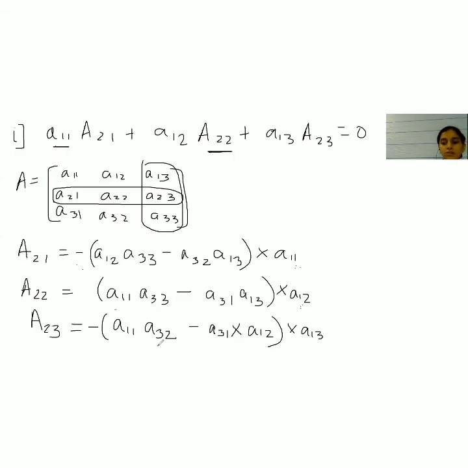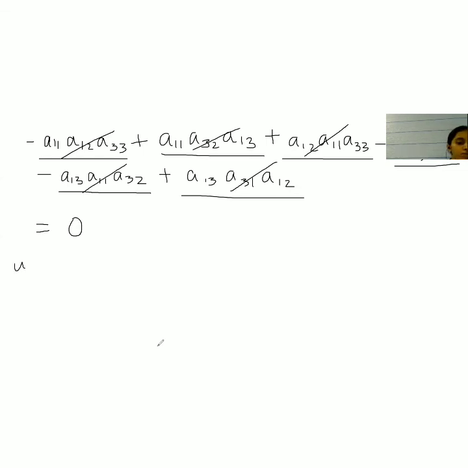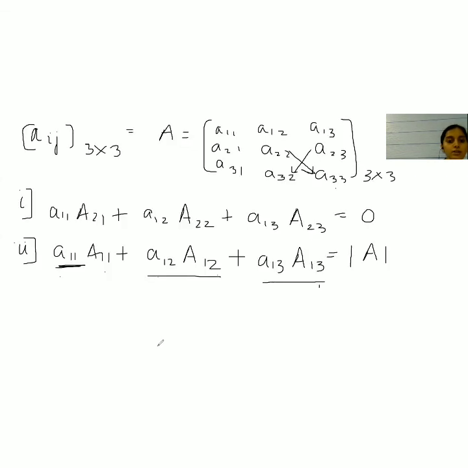Now for the second condition, just observe. The second condition is rather simpler. It says the second one has to be multiplied with A11 and cofactor A11. Now when you do this multiplication, you will get the determinant of A, which is true. How do you find the determinant of any 3 by 3 matrix? Just observe. You hide the row and column of the first term, A11, and then you find the determinant value of the numbers that are remaining.